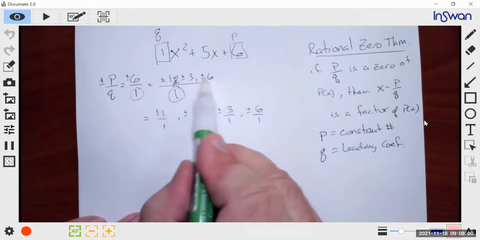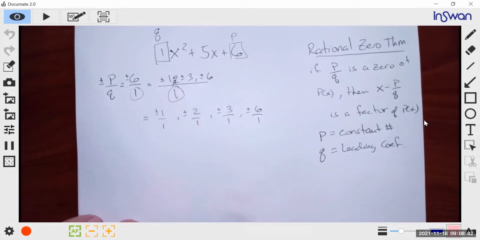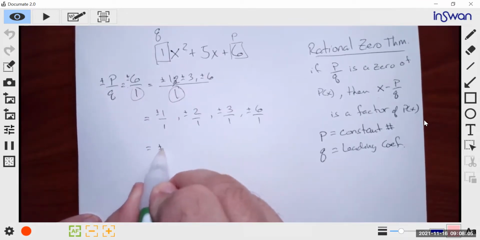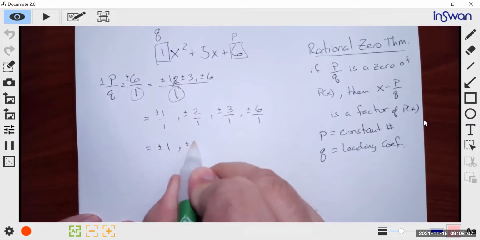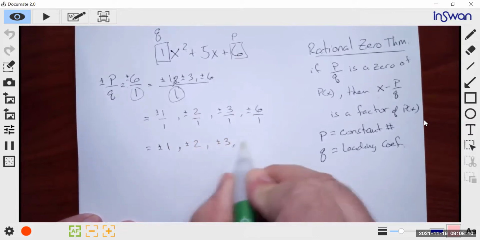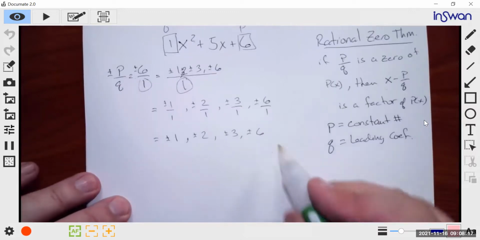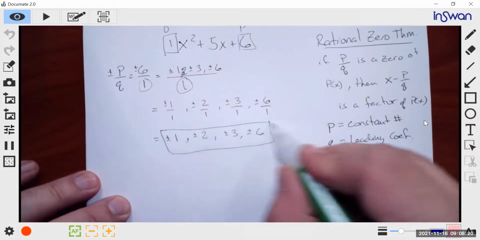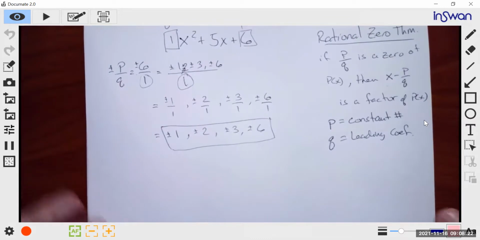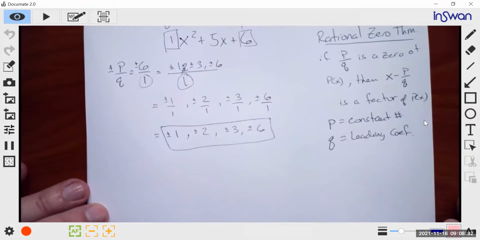We took each of these numbers on top, divided by that number. So 1 divided by 1 is 1, 2 divided by 1 is 2. So these are my possible answers. I've taken an infinite number of possibilities and narrowed it down to these 8.